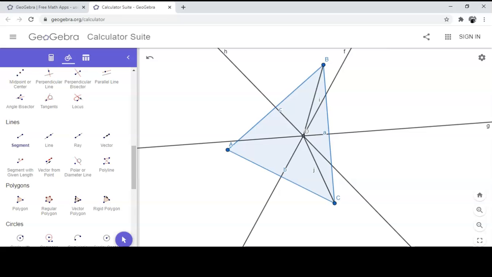Now, given AC, D being on the perpendicular bisector of AC, must be equidistant to the endpoints. In other words, AD and DC must be congruent. Again, in other words, AD, DC, and DB must all be congruent. Those lengths must be congruent.